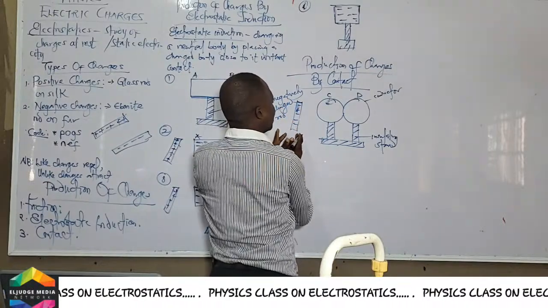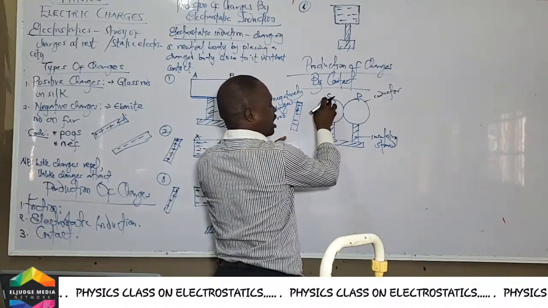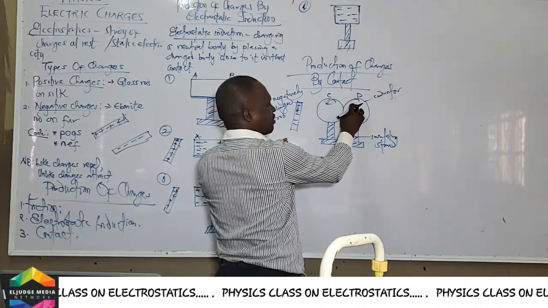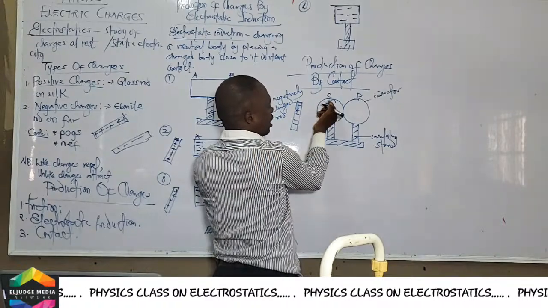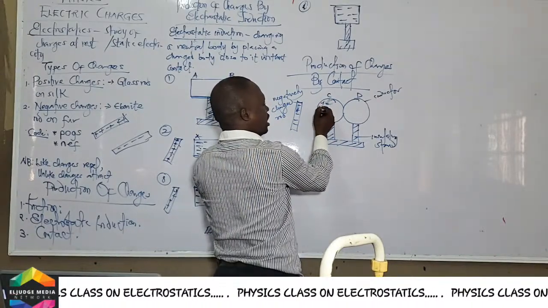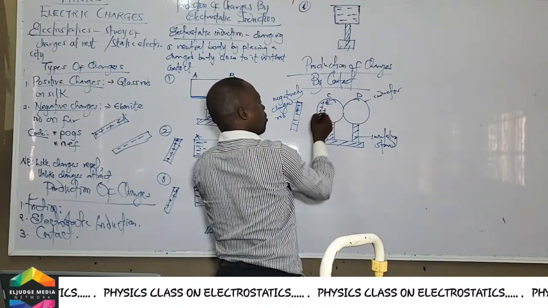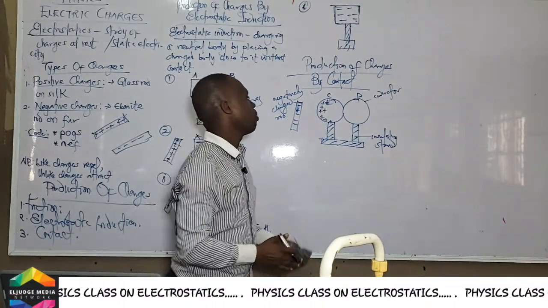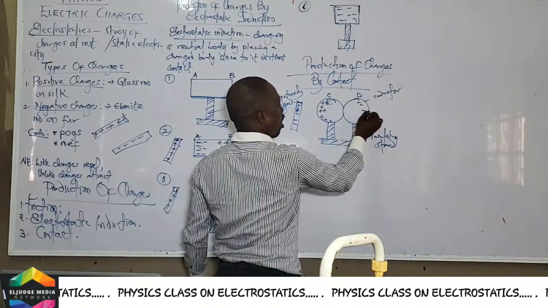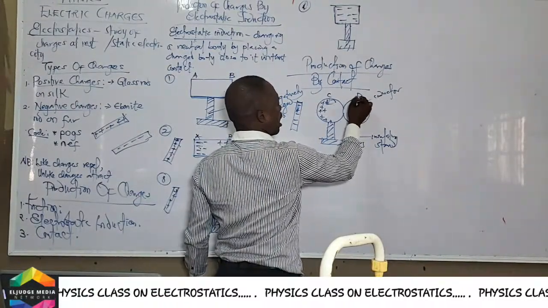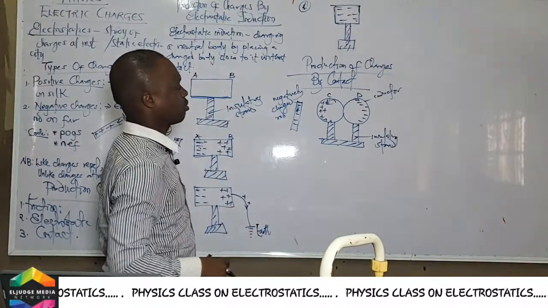They have equal positive and negative charges, but because they are in contact, since the rod is negatively charged, it attracts all the positive charges to the side of this metallic sphere, and it also repels all the negative charges towards the side of the other sphere, D.